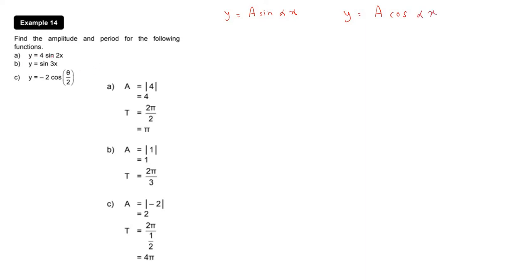So y equals 4 sine 2x, to find amplitude equals modulus a, so modulus 4, amplitude equals 4. And from this equation, we know that alpha equals 2. So to find period, 2 pi over 2 equals pi.